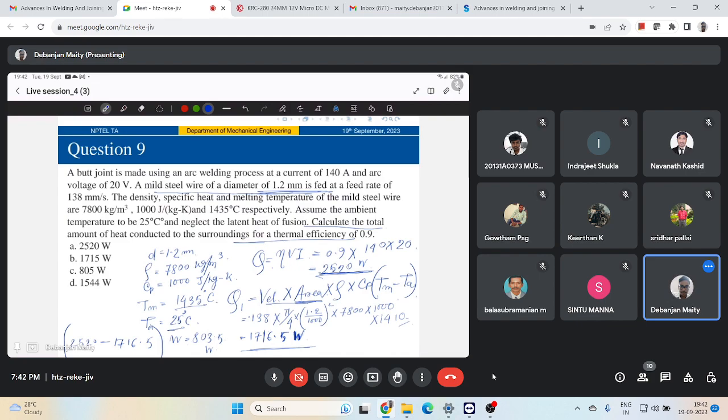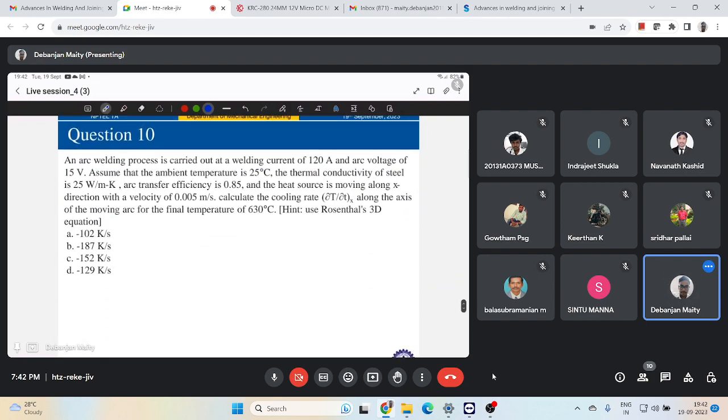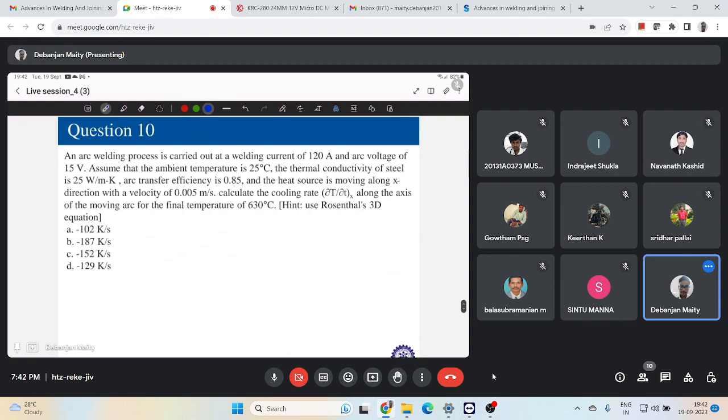Okay, let's move to the last question. The last question, what it says, we have our welding current, we have our welding voltage, then the thermal conductivity of the material is provided, transfer efficiency is provided, heat source is moving along x direction with a velocity of certain speed.